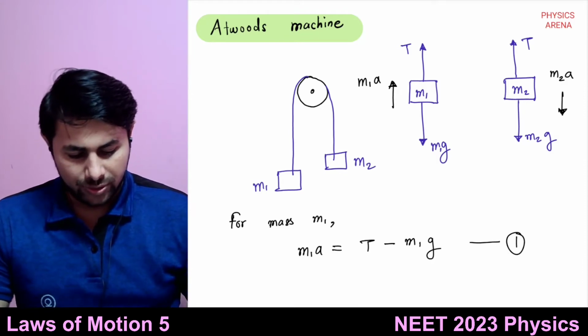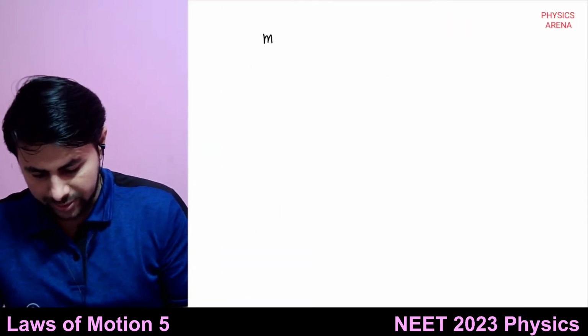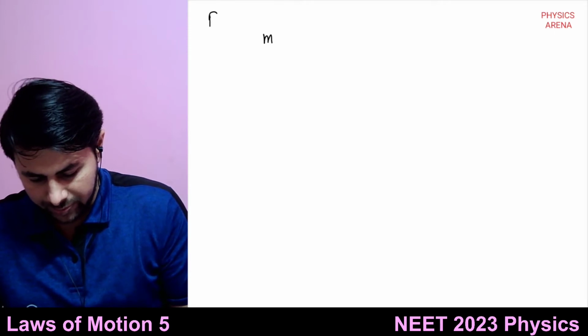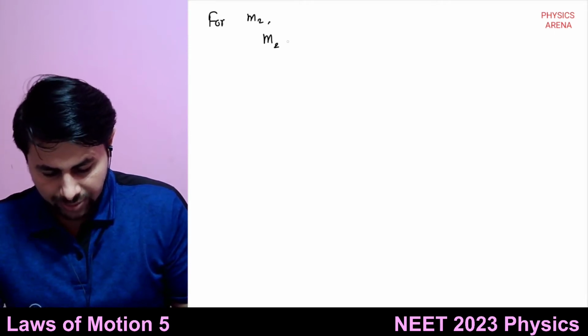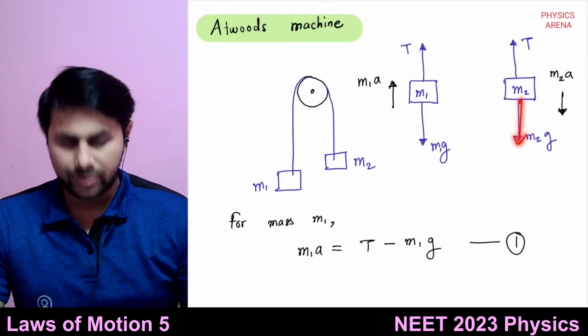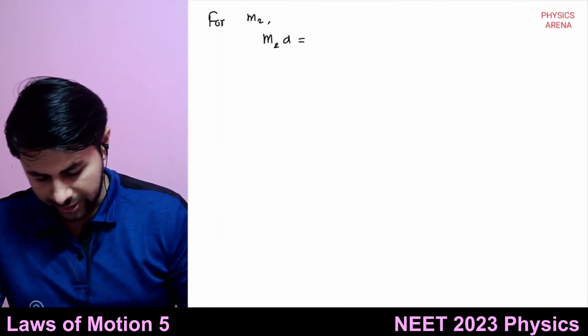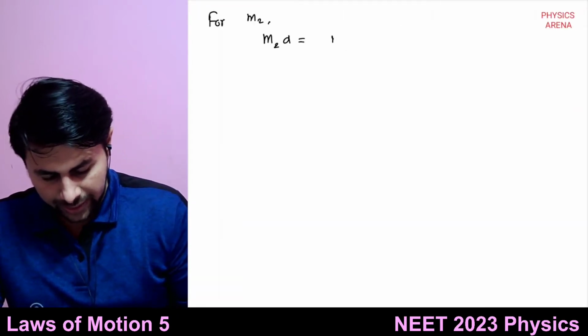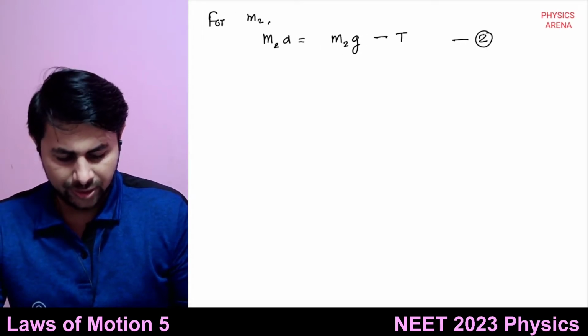For m2, net force is downwards. So m2 times a is equal to the total downward force, which is m2 times g, minus the total upward force, which is T. So it is m2 times g minus T. This is our equation 2.